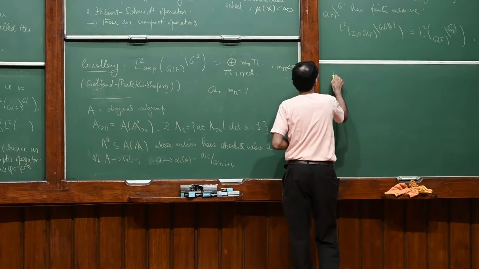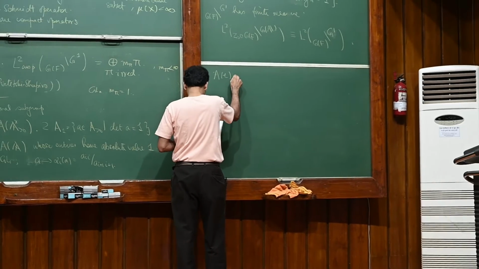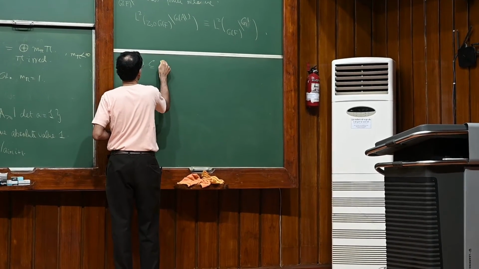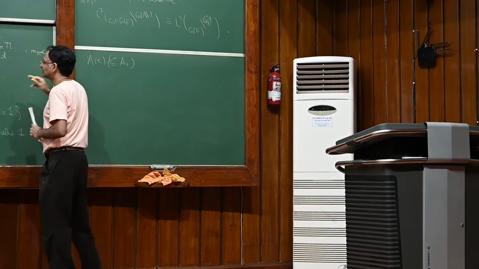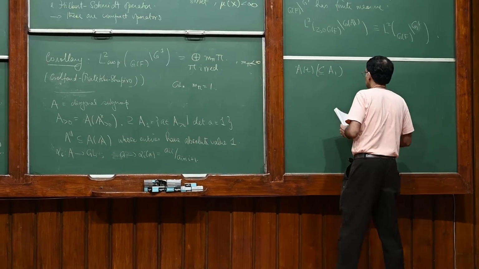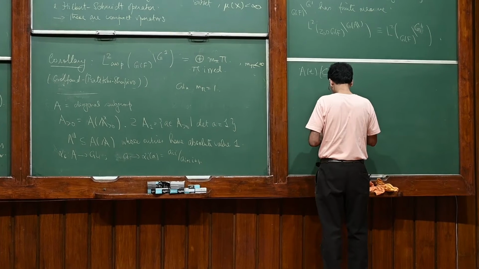We will define A_T. This set will be an important set. It is going to be a subset of A1, so it has determinant 1 and has entries in the positive reals.